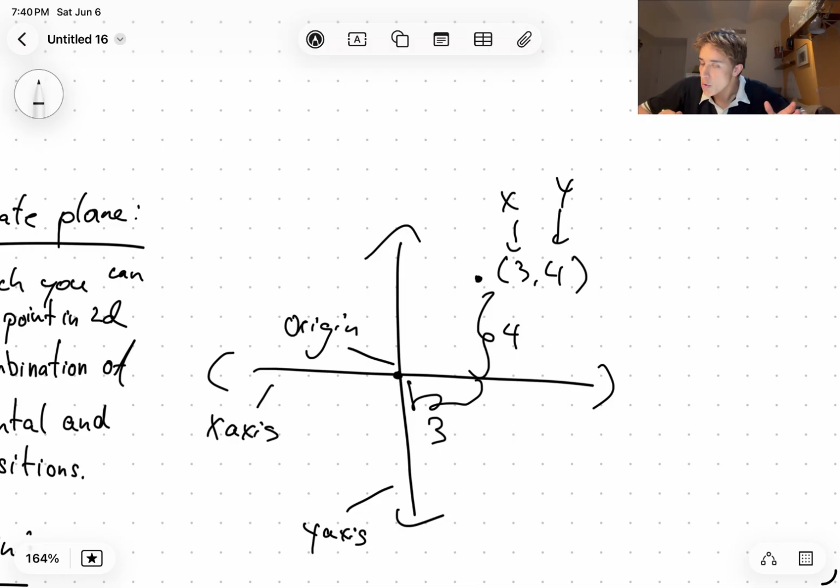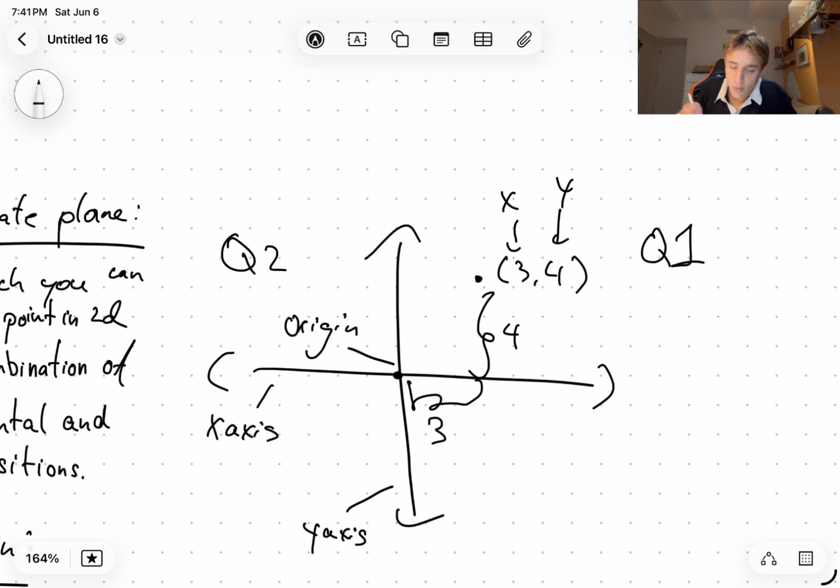Another important thing to note is the coordinate plane splits the 2D space essentially into 4 parts. Those 4 parts are known as quadrants. The quadrants have numbers, and the way you number them is you start on the top right and you go counterclockwise. So the top right, where the x and the y coordinates are both positive, is quadrant 1.